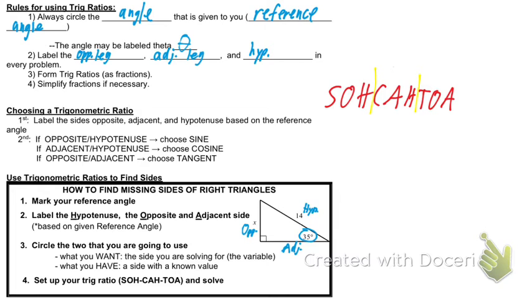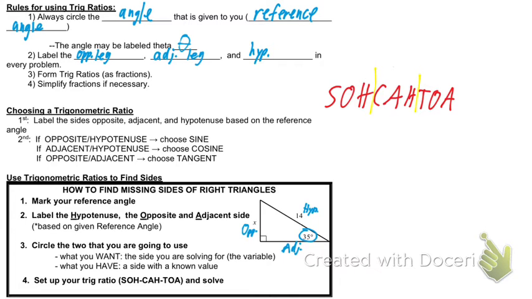So we're using sine. Now let's say we had A and O. If we had A and O, which of the three would we use? TOA. So if I had H and A, which one would we use? CA. So depending on what we have, and in this case we have the hypotenuse and what we're looking for, the opposite, we're going to be saying opposite hypotenuse, we're going to look for sine.